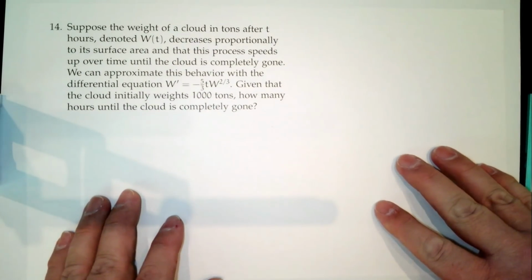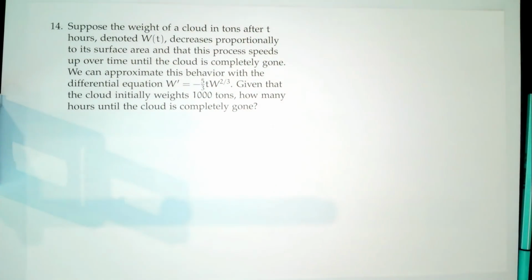Number 14. This is a little bit wordy. Usually the longer a problem is, the easier it is to solve it. Suppose the weight of a cloud in tons after t hours, denoted W of t, decreases proportionally to its surface area, and that this process speeds up over time until the cloud is completely gone.